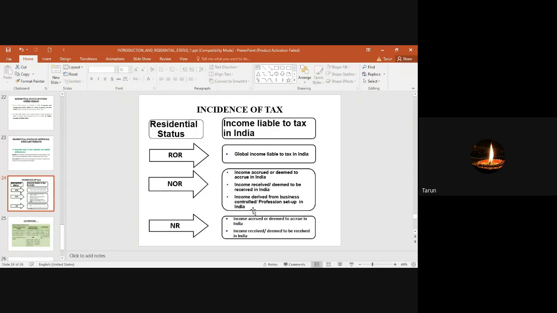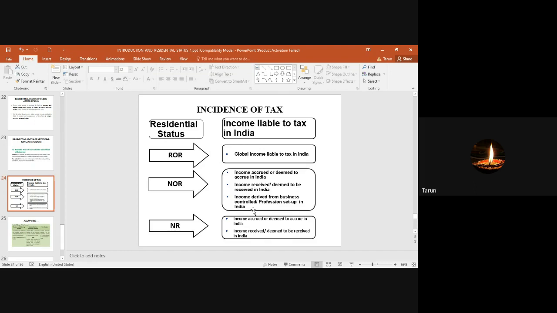So if any of these categories applies to a not ordinary resident, their income is taxable. Whatever income is earned, received, accrued, deemed to be received, or deemed to arise, or comes through any profession set up or business controlled in India, is totally taxable.